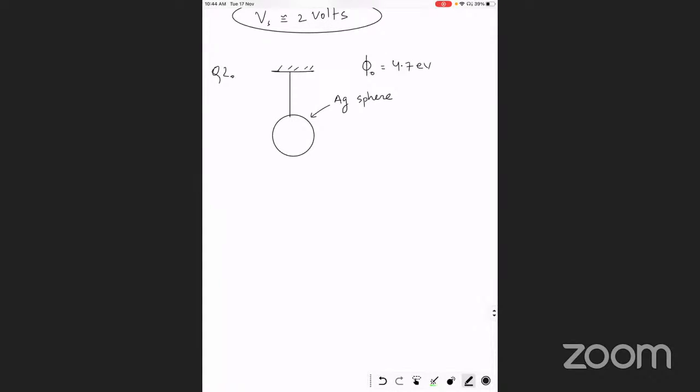Okay, it is under continuous illumination of 200 nanometer wavelength light. Incident radiation has wavelength 200 nanometer. Understood, bacho? As photoelectrons are emitted, the sphere gets charged and acquires a potential.